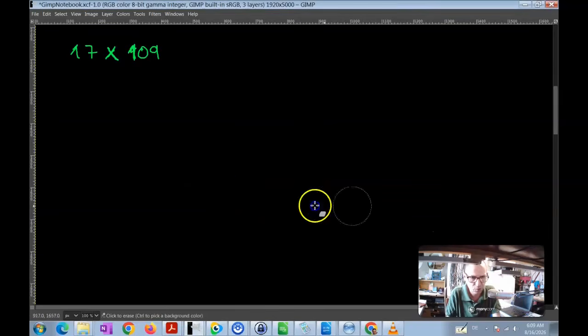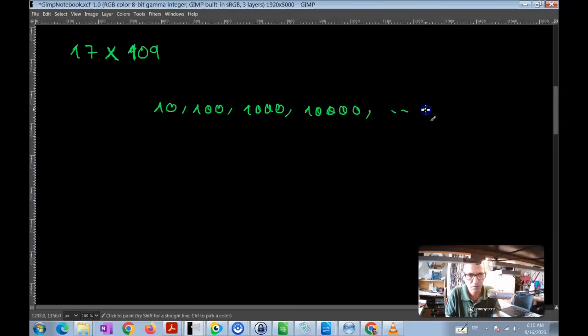And of course the same goes for any number like 10, 100, 1,000, or 10,000, and so on and so forth, because the only digit these numbers have is a 1, which means that a 1 multiplied by anything is just the same number, so you don't have to do that from the very beginning.